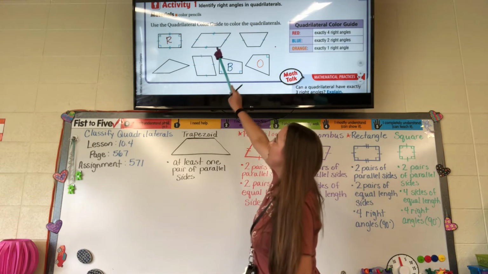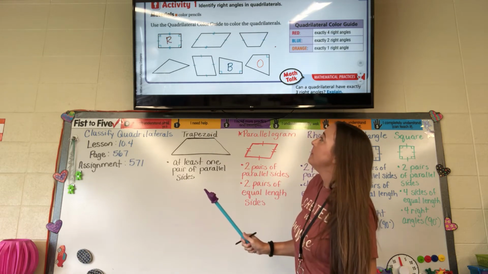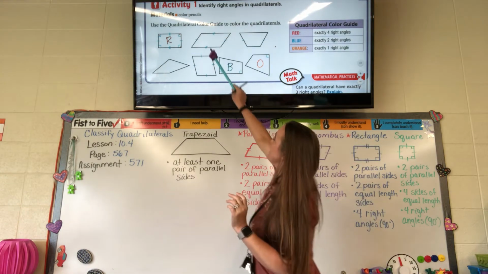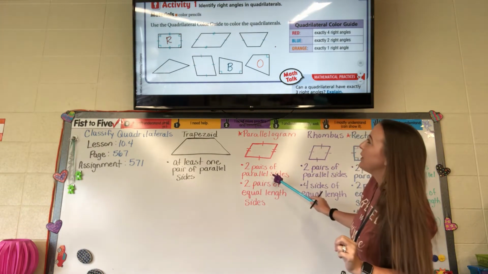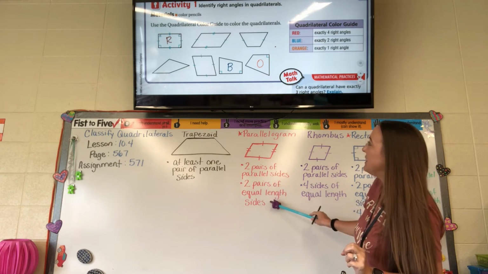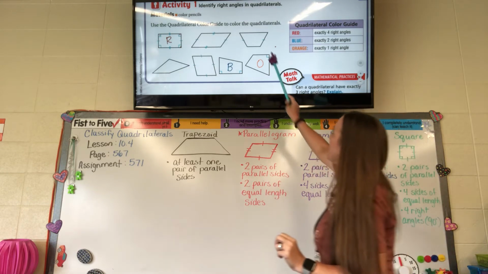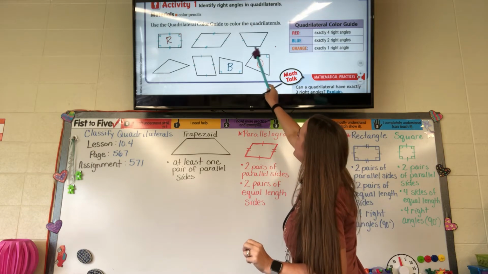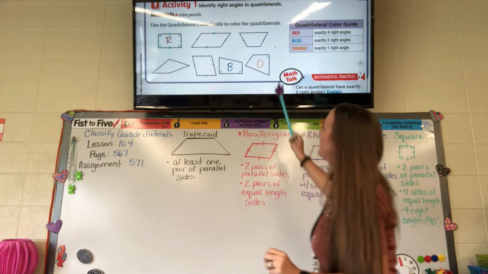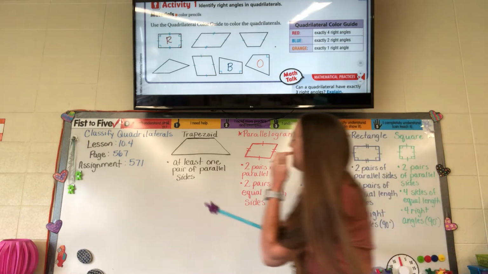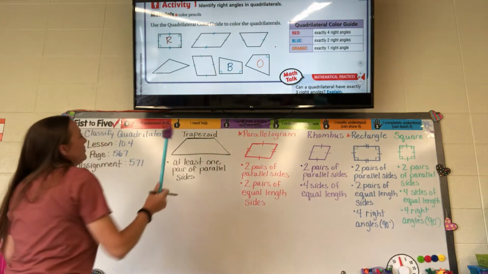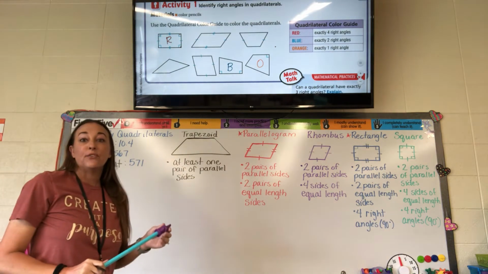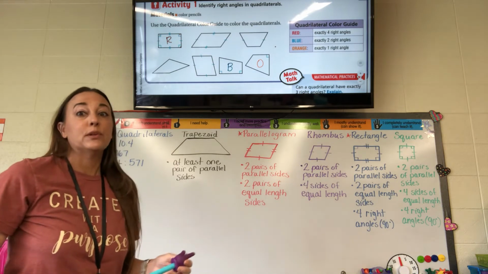This one is a parallelogram because it looks like a rectangle that's been pushed over just a little bit. It has the 2 pairs of parallel sides and the 2 pairs of equal length sides. This one would be a trapezoid because it has at least 1 pair of parallel sides. This one would be none of these because it doesn't follow our guidelines for any of the quadrilaterals we're learning about.